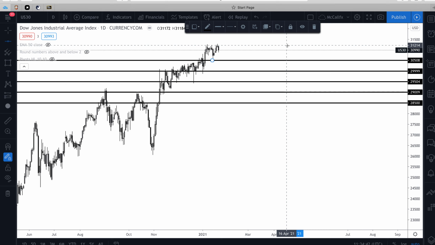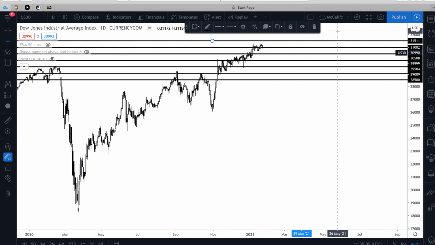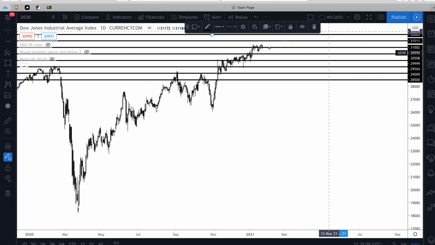My sixth range is going to be around this point. And then my last range is going to be around this point. But I'm just going to add one more, so I'm just going to have it here.